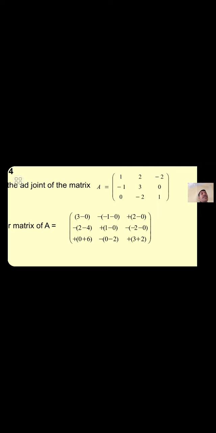I will explain one element's cofactor, then similarly you can write all the elements' cofactors.